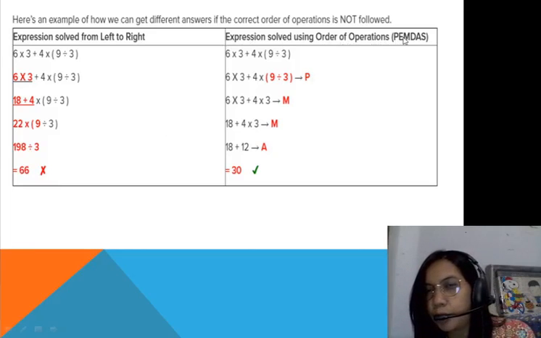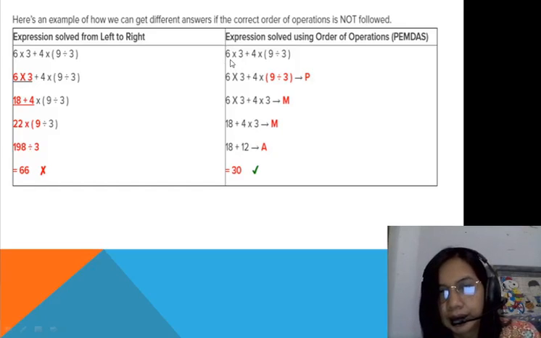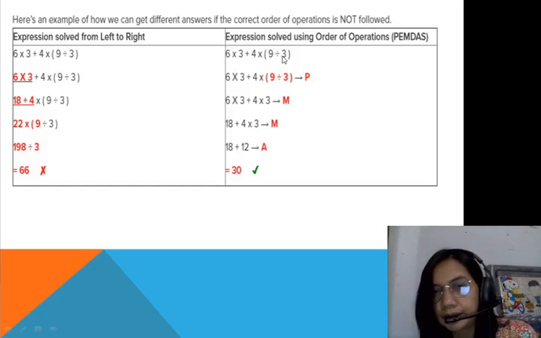And about the second answer, this is using order of operations, or PEMDAS. Look at this: 6 times 3 plus 4 times grouping 9 divided by 3. We can look at here, P, the parentheses or grouping, 9 divided by 3 equals 3.